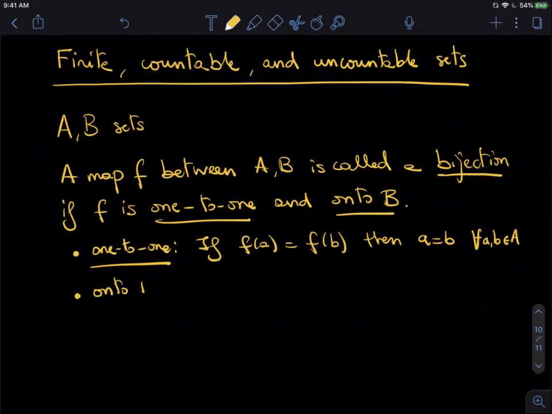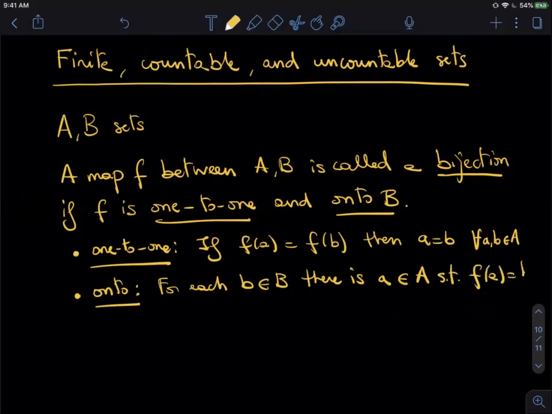This means that for each B in the destination set B, there is an element A in the initial set A such that f of A equals B. In other words, for every element in B, that element is coming from some element in A.